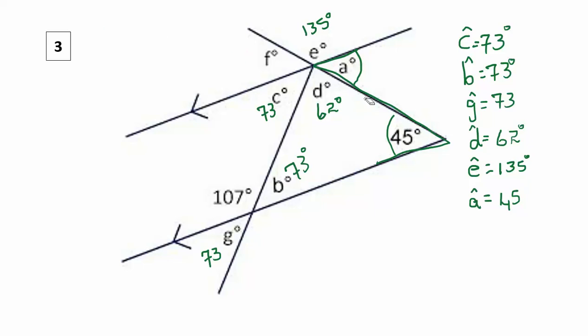So we know that angle A is 45 degrees. Sorry, let me just put my degree sign there. And now we're very close to finishing this because here we have, again, vertically opposite angles. And if A is 45 degrees, then angle F also has to equal 45 degrees.